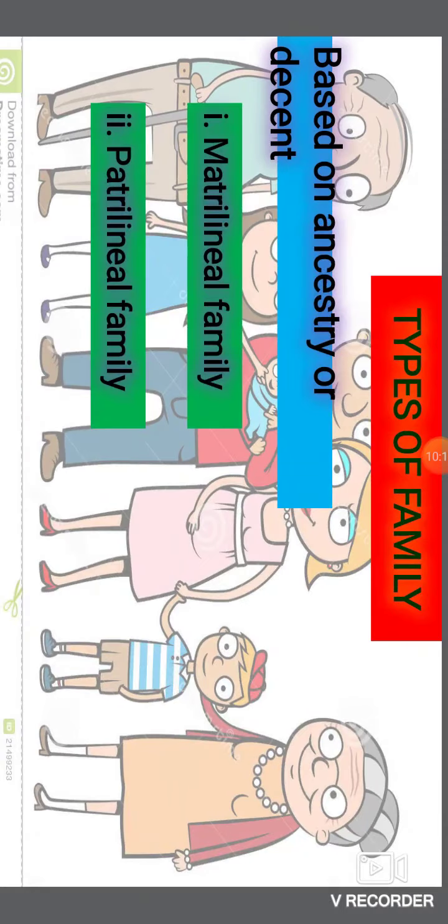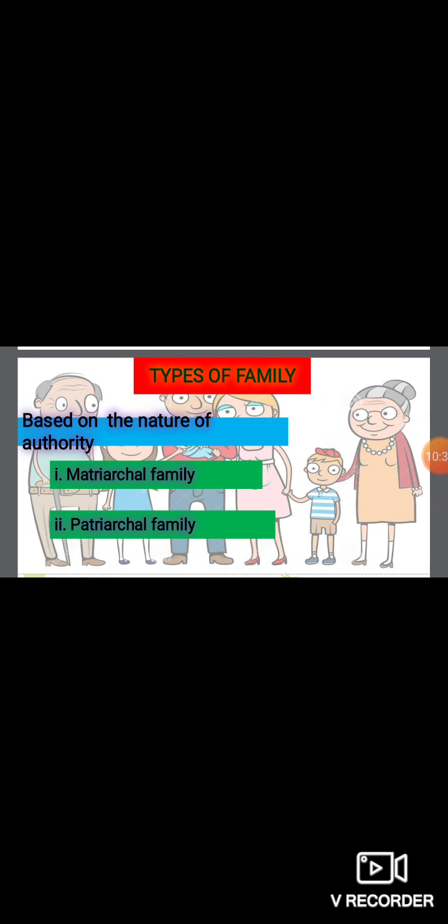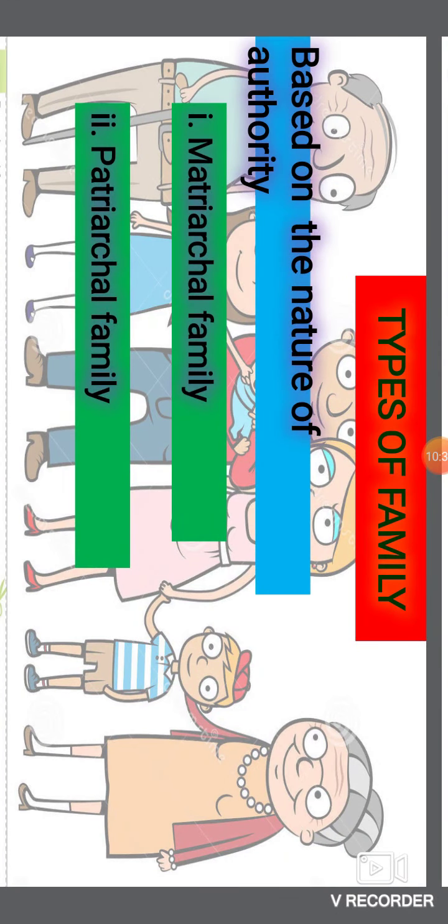And the third point is, on the basis of the nature of authority, family is classified as matriarchal and patriarchal families. On the basis of descent, the family is also classified as matrilineal and patrilineal families.